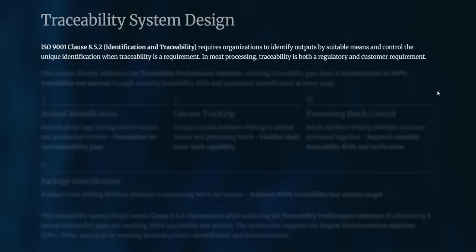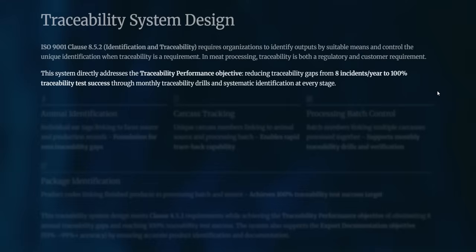In meat processing, traceability is both a regulatory and customer requirement. This system directly addresses the traceability performance objective that we identified in the previous modules, reducing traceability gaps from 8 incidents per year to 100% traceability test success through monthly traceability drills and systematic identification at every stage.